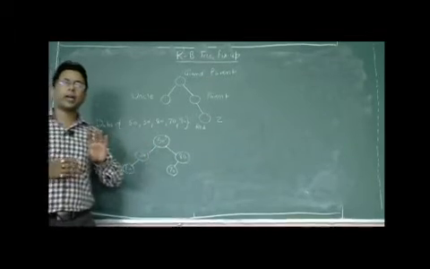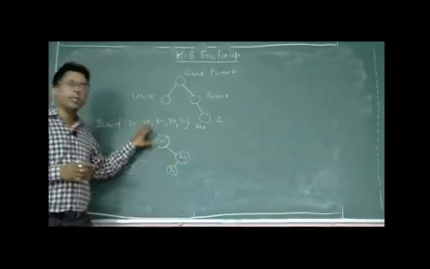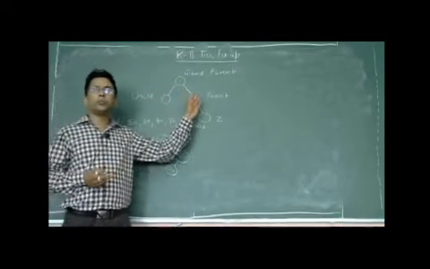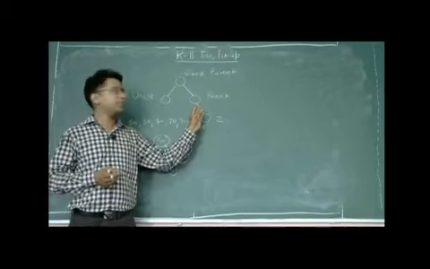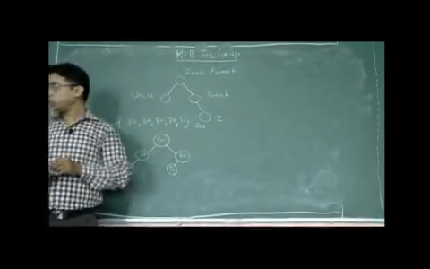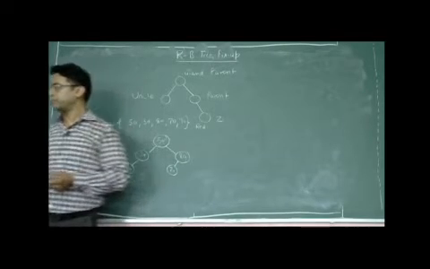I have given you the brief idea. The insertion procedure is the same as the binary tree, and the terminology used to explain these cases is parent, grandparent and uncle. Now I am going to explain it.